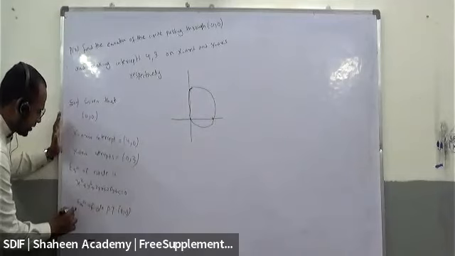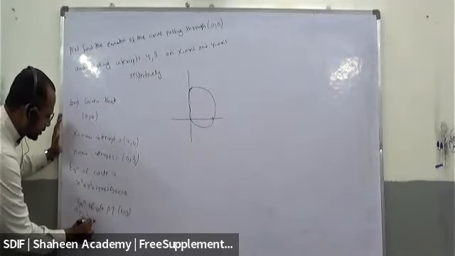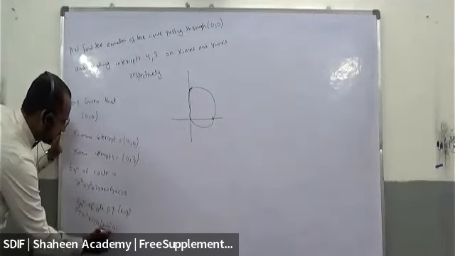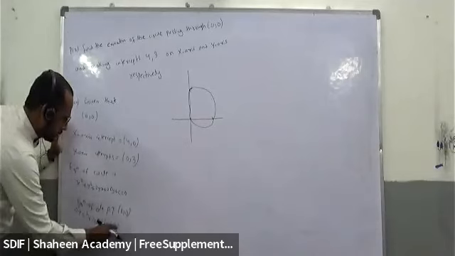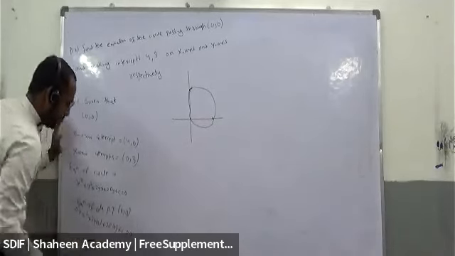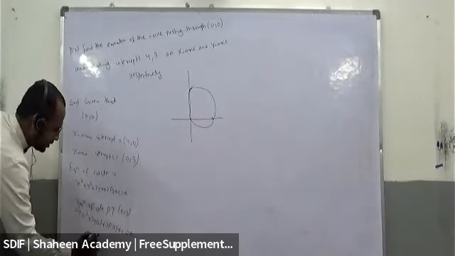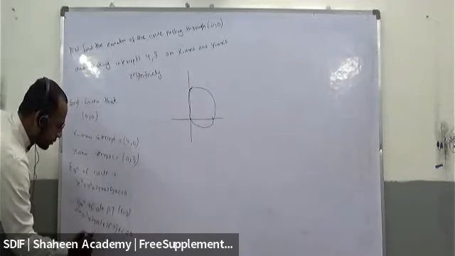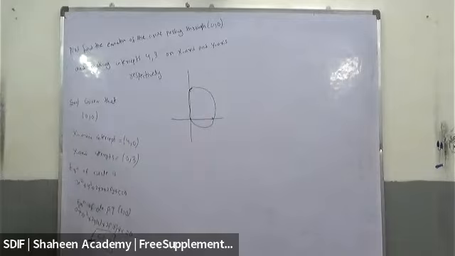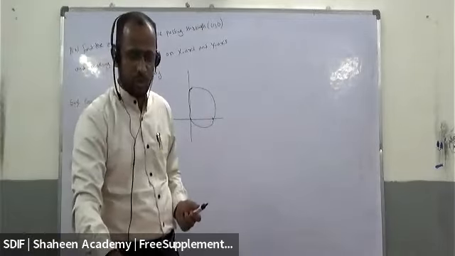So we get 0 square plus 0 square plus 2g into 0 plus 2f into 0 plus c is equal to 0. All these things become 0. So finally c is equal to 0. In the first point substitution only, we have got one unknown value, that is c is equal to 0.